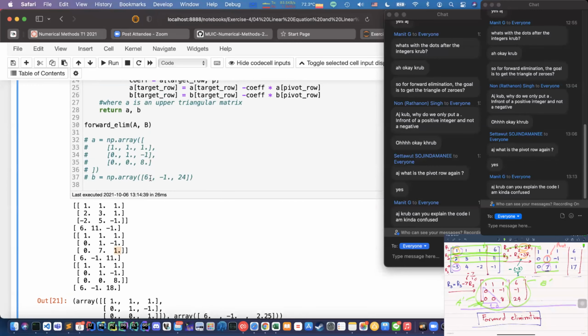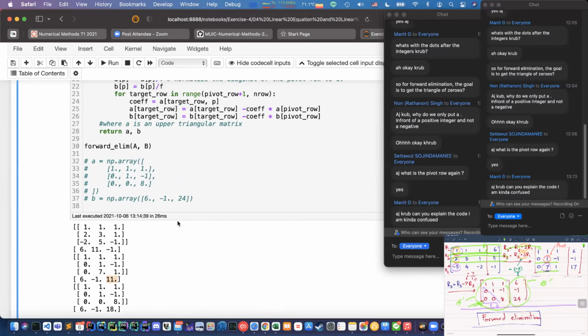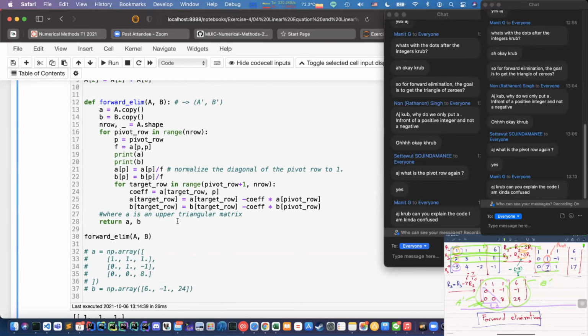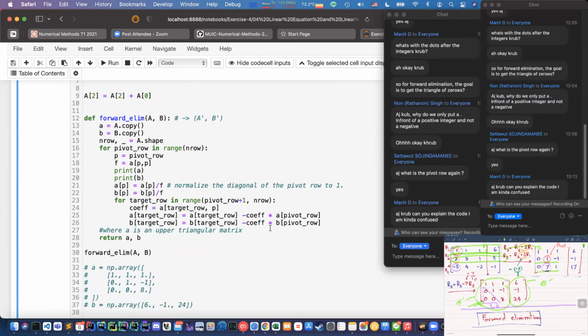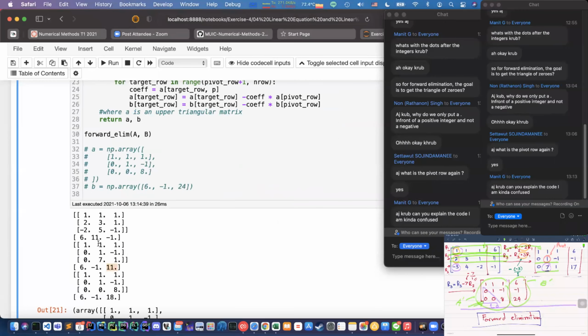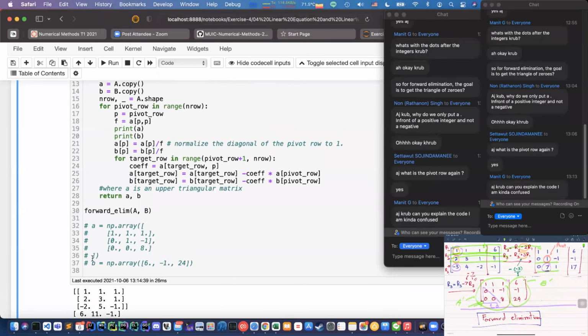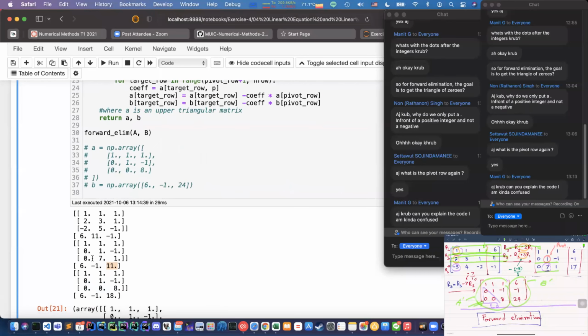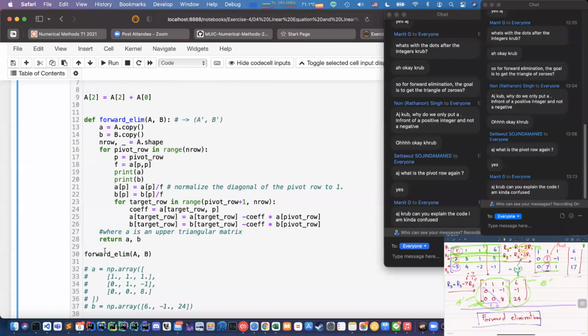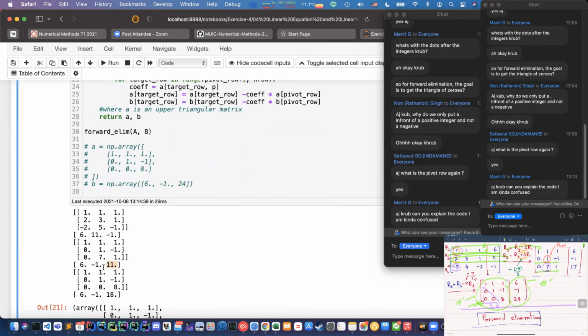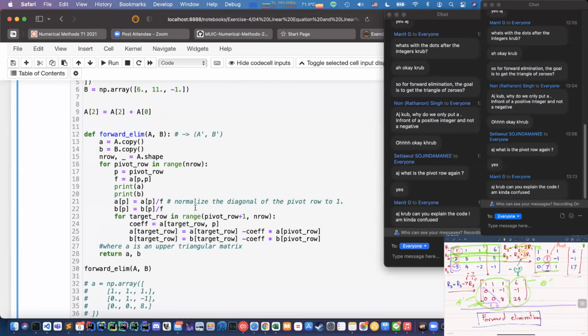This thing should be 17, right? It has to be one byte off over here.